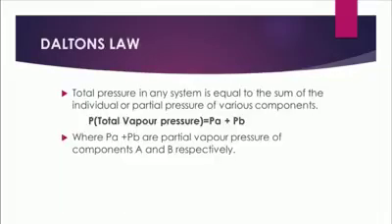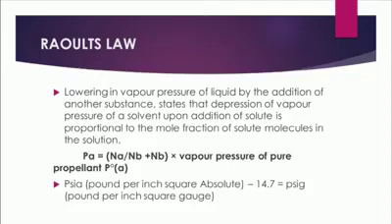Dalton's law. Total pressure in any system is equal to the sum of the individual or partial pressure of various components. P total vapor pressure is equal to PA plus PB, where PA and PB are partial vapor pressures of components A and B respectively. Raoult's law.